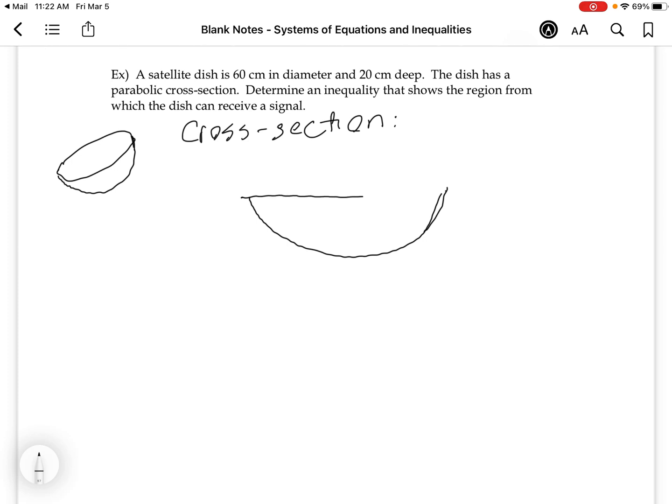And we're told that this is parabolic, okay? What we know about this is that the diameter is 60, and this depth is 20, okay?